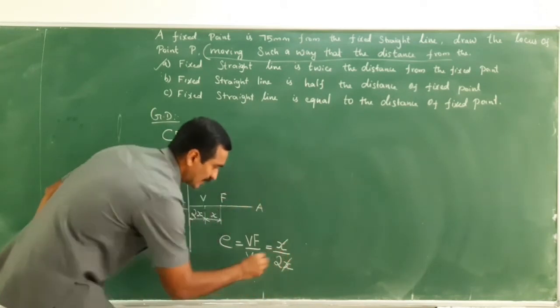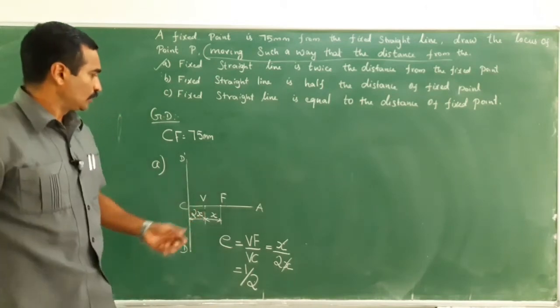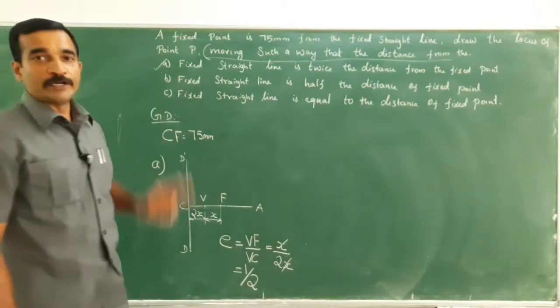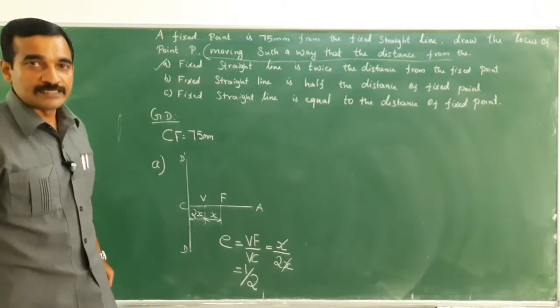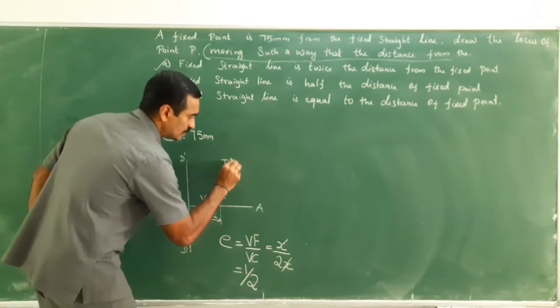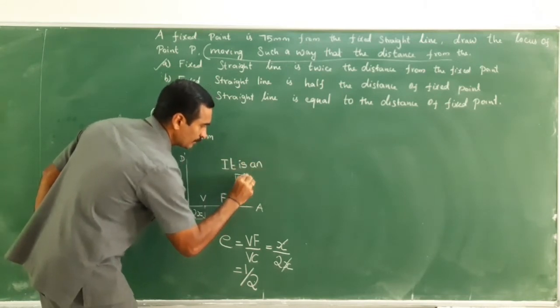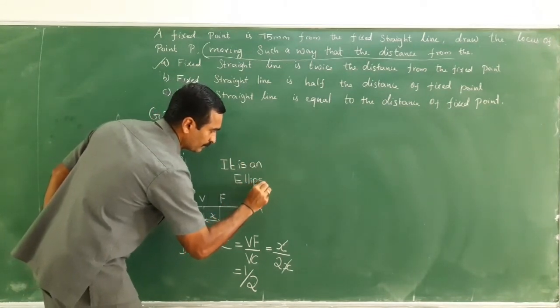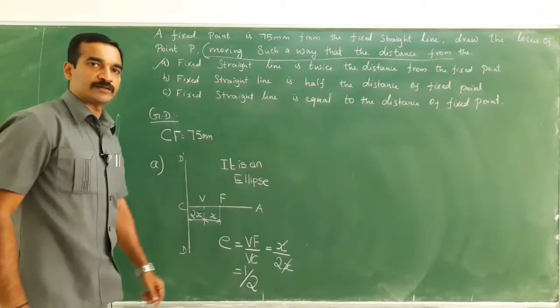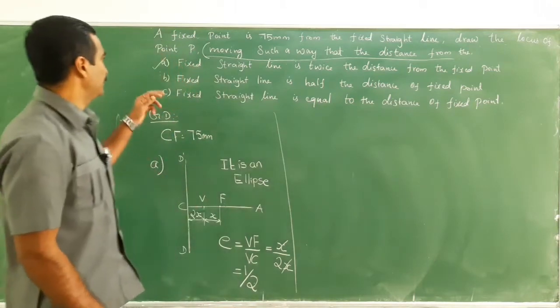So the x's get cancelled, which is 1 by 2. Therefore, the first one, the curve is an ellipse. Hence, it is an ellipse. Clear? Let me move to the second subdivision of the question.